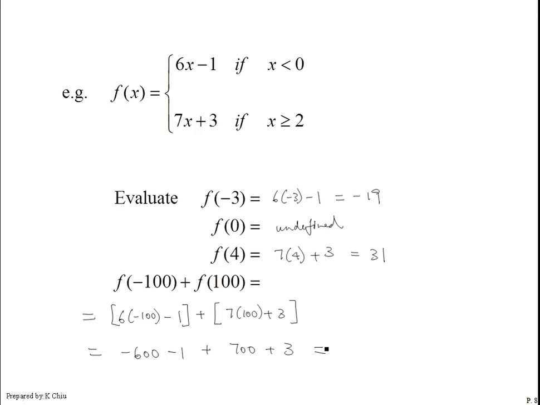What would that become? 102. Using the built-in calculator is even faster. Negative 600 plus 700 would be 100. Negative 1 plus 3, 2. So it's 102. Instead of thinking, okay, negative 600 minus 1, what would that be, and then plus 700, and then plus 3, that would take a much longer time.